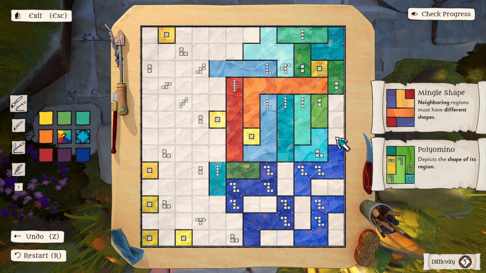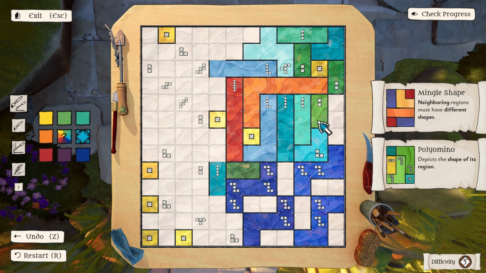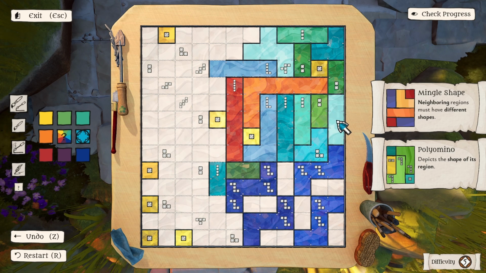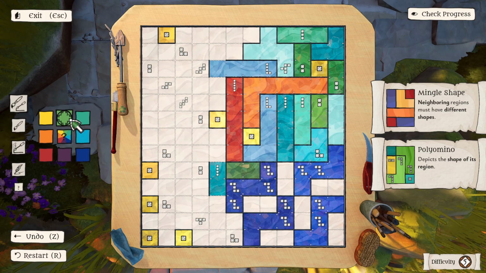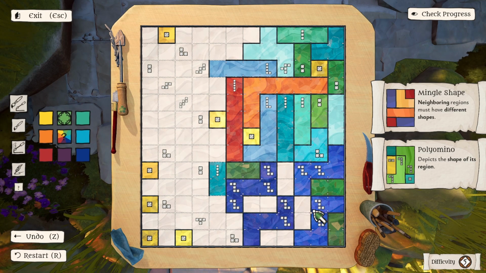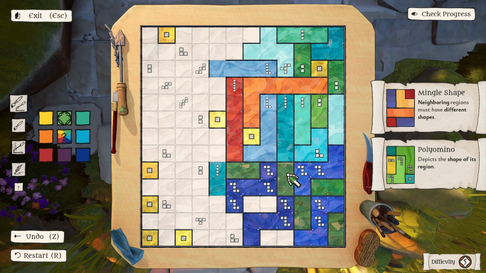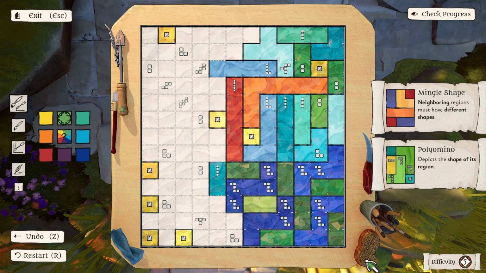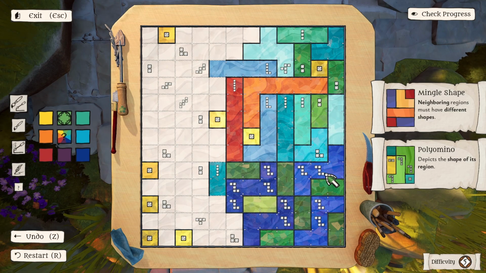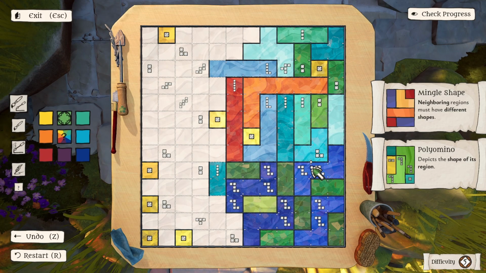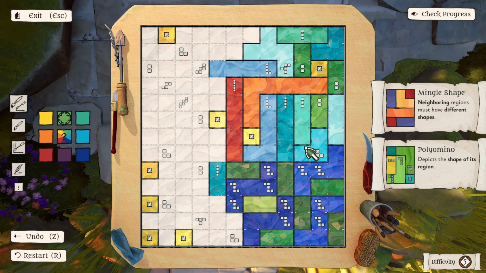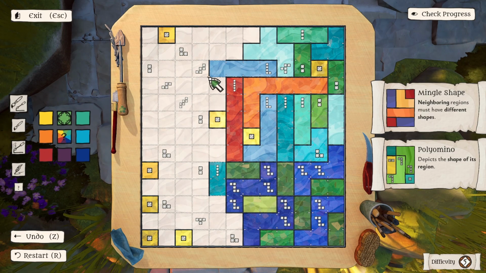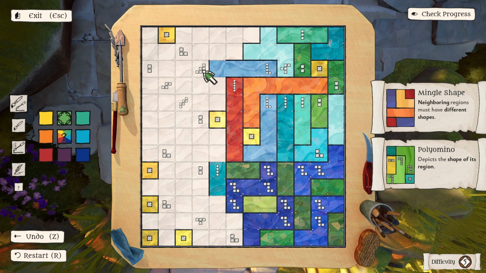This could be a 1 and a 2. The 2 would be touching that 2, so it's just a 3. We can fill all of these in. Now, there must be other things.